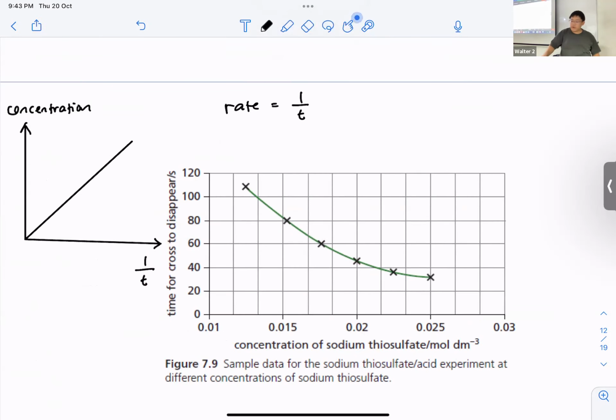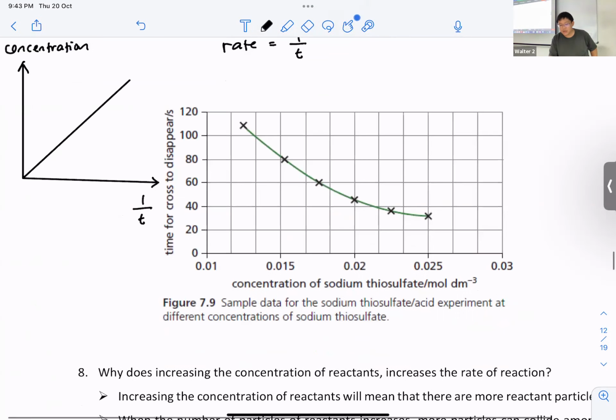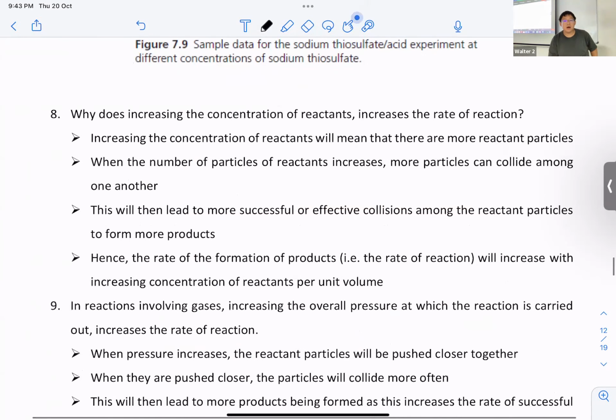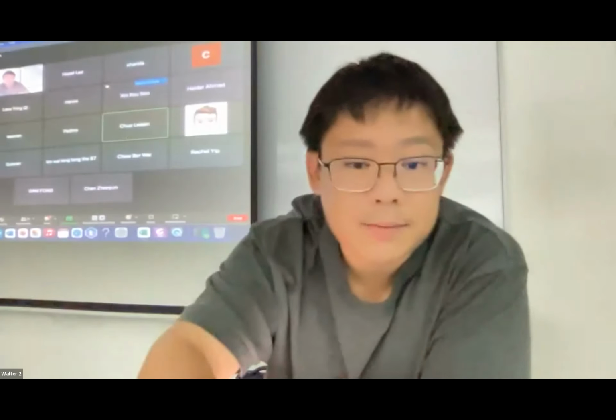Now, why does increasing concentration lead to an increase in rate of reaction, or a decrease of time taken for the cross to disappear? I'm going to show you a video first of how this experiment is done, because on Tuesday's class, I showed the students how to do this experiment.